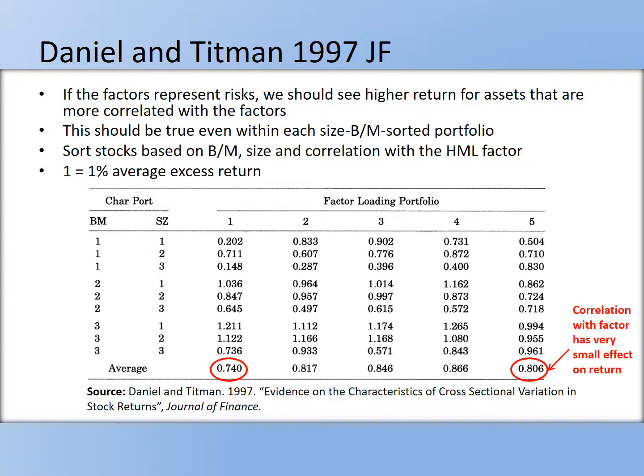But we are not seeing that here. More correlated stocks in general do not get a much higher return. So this makes this risk factor argument harder to believe in, because that doesn't seem to be responding at all.